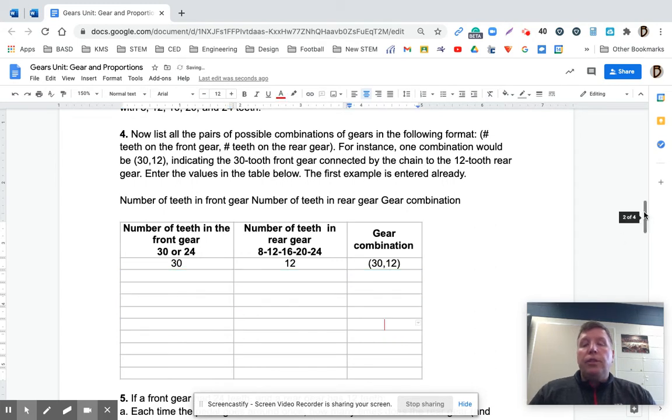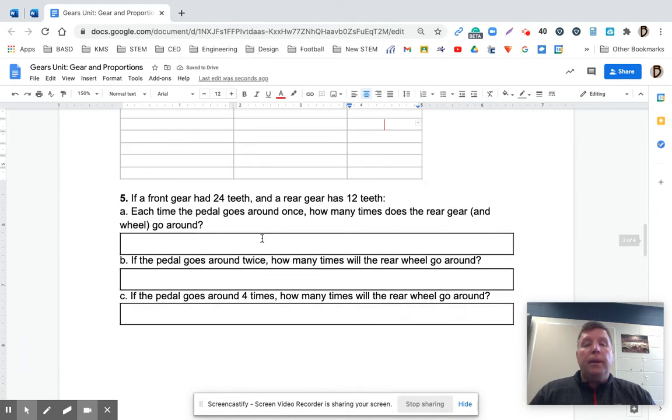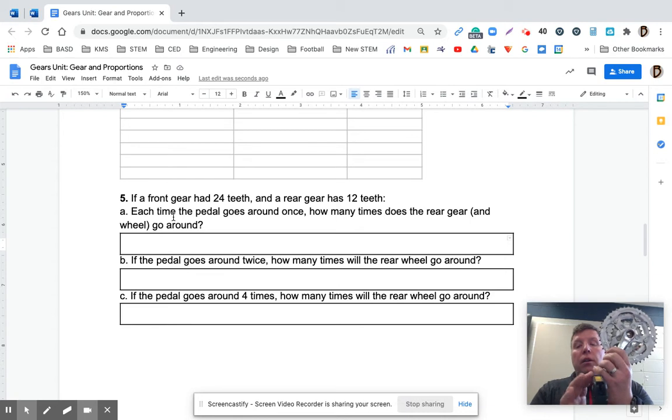Then in the next section, number 5, we're going to go with 24 teeth on the big gear, on the front gear, and then 12 on the back gear. So every time I push this pedal around one rotation, it's going to be on a back gear that has 12 teeth.